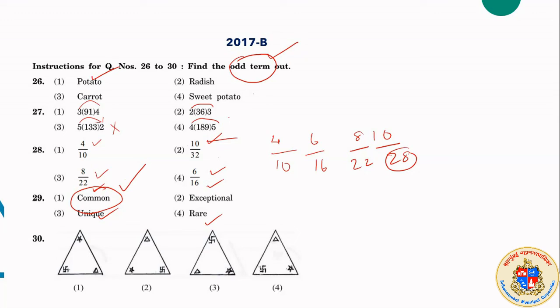What we can see is triangle, all four triangles. Inside the triangle three small figures are given, three figures are the same. Then what is the difference? The position of the inside figure is changing. So we will check whether it is changing clockwise or anti-clockwise or it is jumping. So we will see that first the small triangle is here, then it is going here, then it is coming here, then it should come afterwards here.